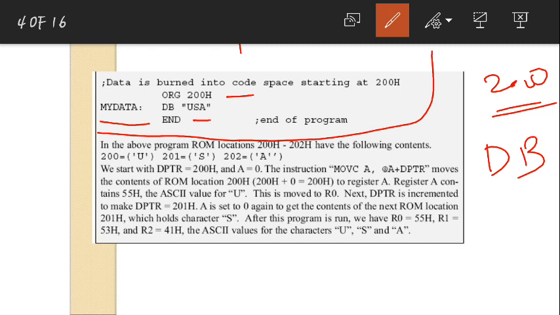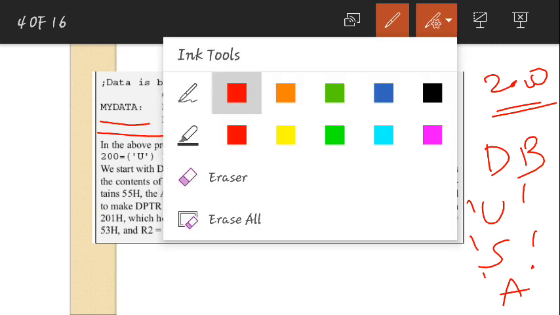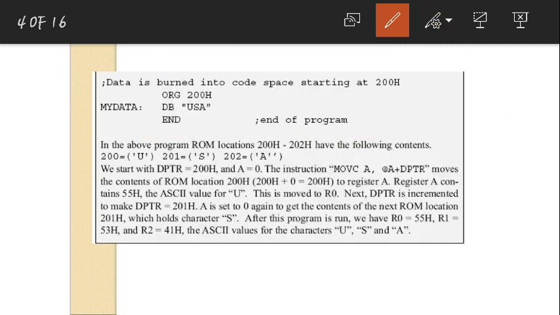If I write this in double quotation, it is taken as a complete string, so I can write all the ASCII characters in one statement. But if I take single quotation, I need to write each ASCII character in its own single quotation. Here they have taken double quotation where I can write everything together. By doing this I have stored the data. After that I am just ending it here, and my program will be terminated.